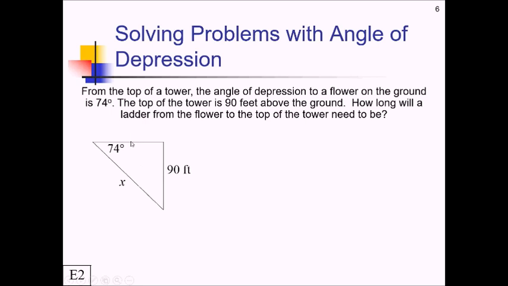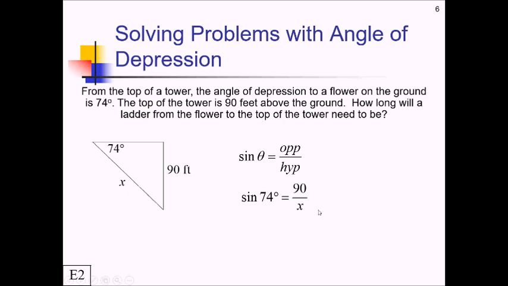All right, so let's see what we have here. We've got the opposite side from the angle. We've got the hypotenuse. Opposite and hypotenuse, that's the sine function. So we write sine of theta equals opposite over hypotenuse. So that means sine of our angle, 74 degrees, equals my opposite side of 90 feet over my hypotenuse of x.